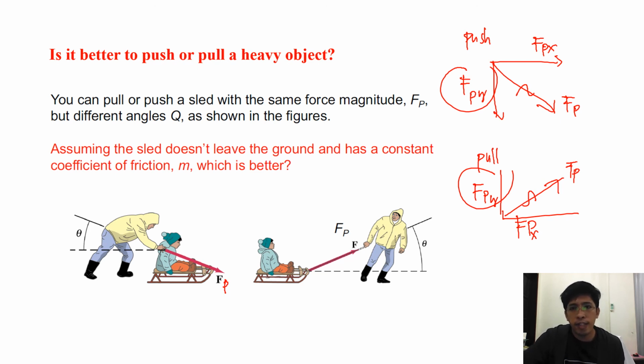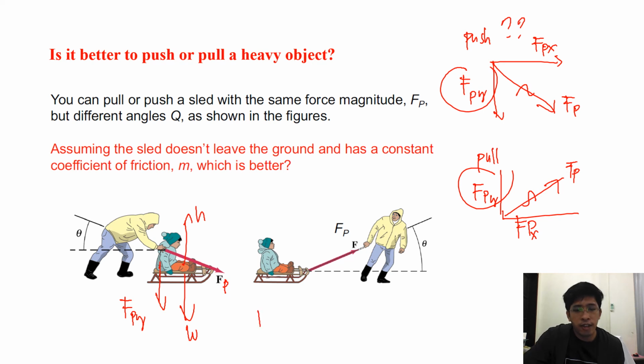Now what happens when you are going to push? So remember that in pushing, you have here the weight of this load or the object. And then if you're going to push, you have an additional force Fpy. And then you have here your normal force.